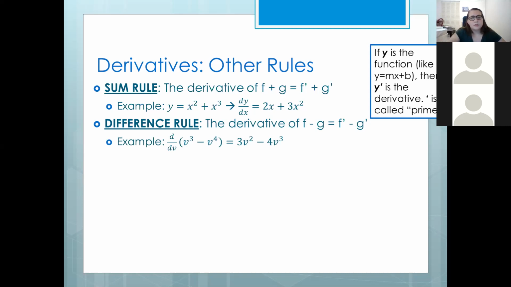So if we want to take the derivative of that function with respect to v, d over dv, and our function is v cubed minus v to the fourth, then we take the derivative of each piece and we subtract them, right? 3v squared minus 4v cubed. Okay, and again, that's applying that power rule that we went through on the previous slide.